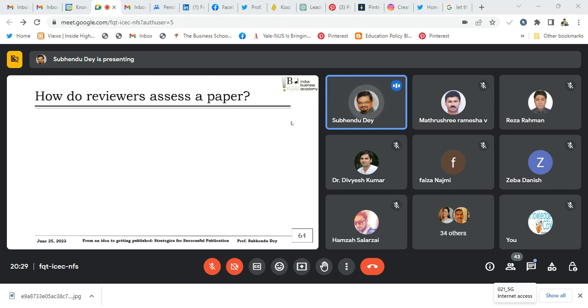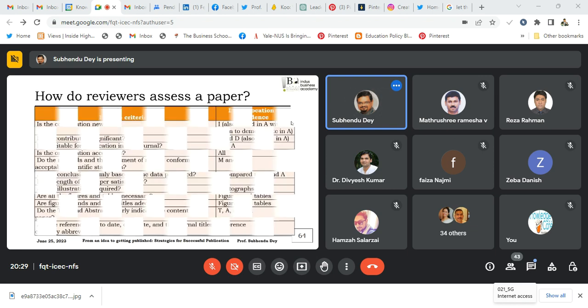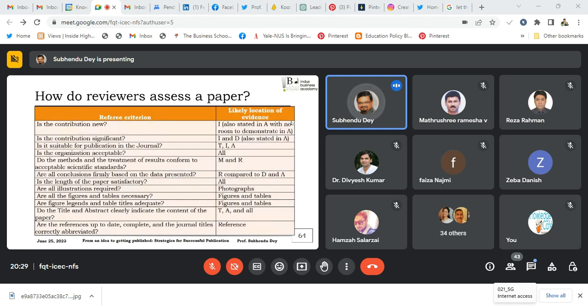How do reviewers assess a paper? This is how they do it, and you can read this. And where do you get the evidence? I've put that here, so you can look at that, and you will come to know where you will get those evidences and whether you have put it there or not.